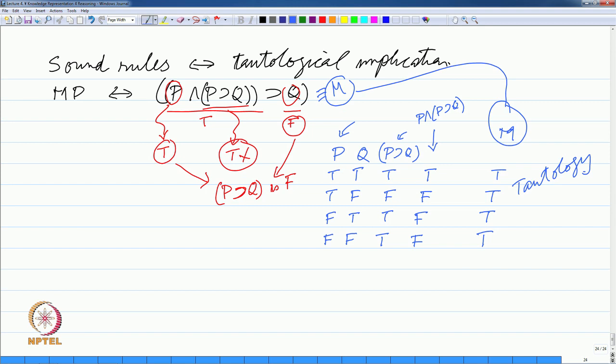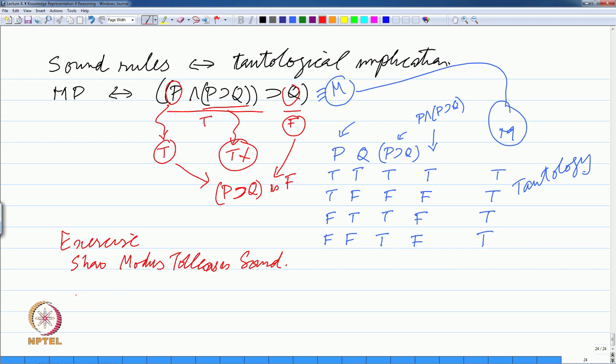So, for example, you can as an exercise show that modus tollens is sound. Or any of the rules that we have spoken about.